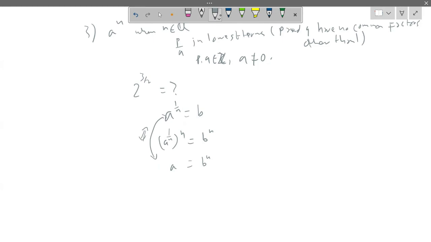Meaning that the result b here should also fulfill this kind of equation. So we have to guess what b is.